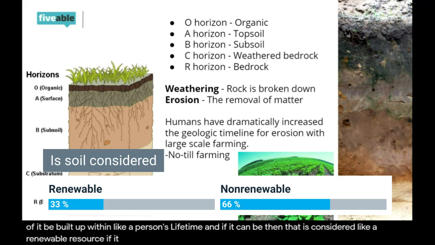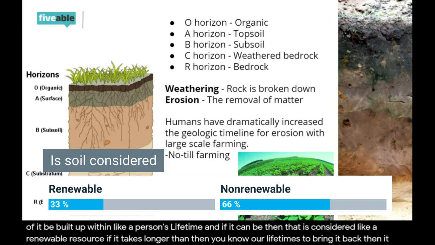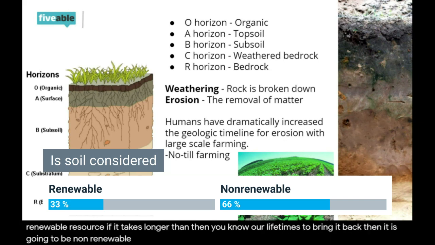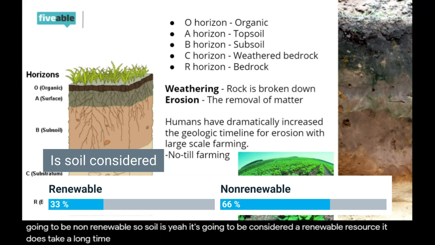If it takes longer than our lifetimes to bring it back, then it is non-renewable. So soil is considered a renewable resource. It does take a long time to come back, but it can come back within our lifetimes and replenish in the areas that we need it, if it is protected.